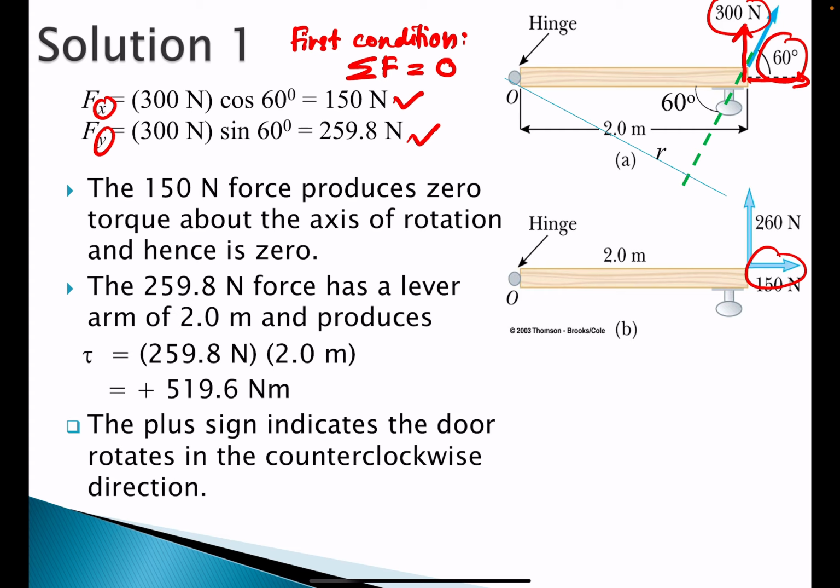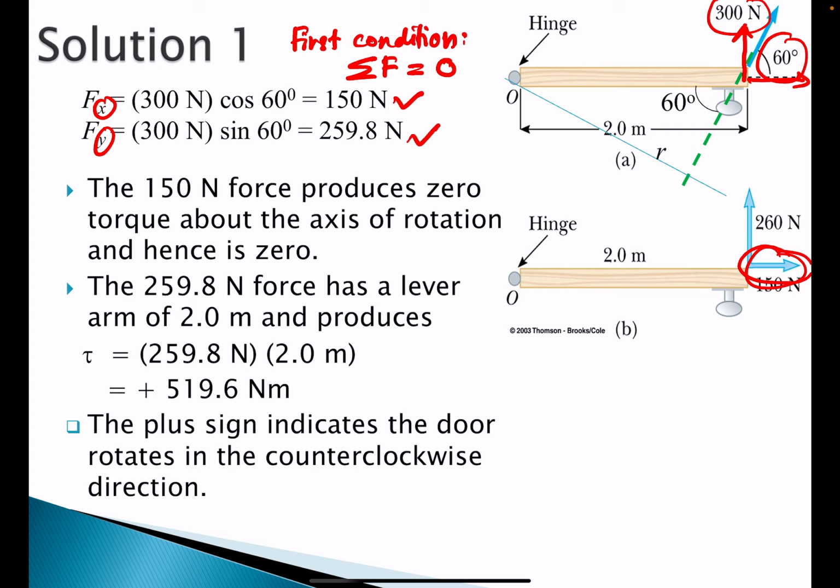Okay, and you can see that the 150 Newton force produces 0 torque since this is in the x direction, you see, and the lever arm is 0. So when you apply the formula of torque, you will get the value 0.